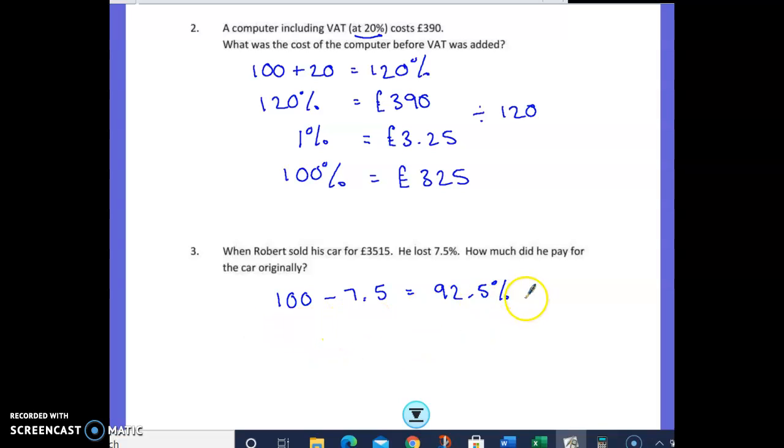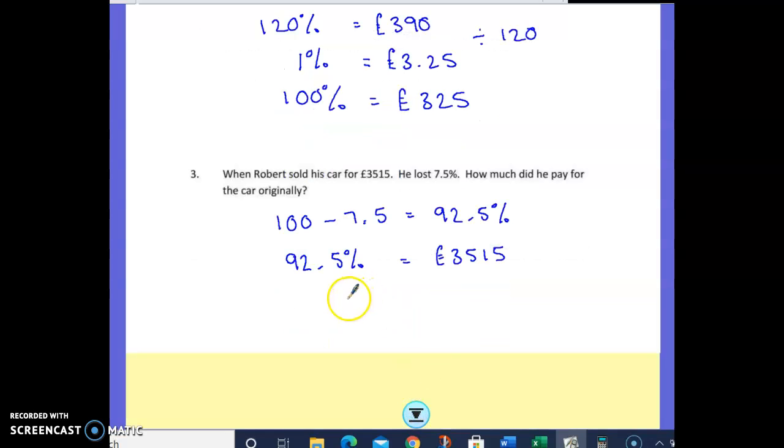I don't need it as a decimal. So 92.5% is the £3,515 that he sold his car for. And again, I want to work back up to 100%. Same idea. I can work down to get 1%.